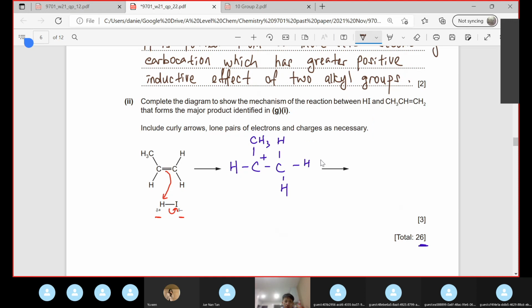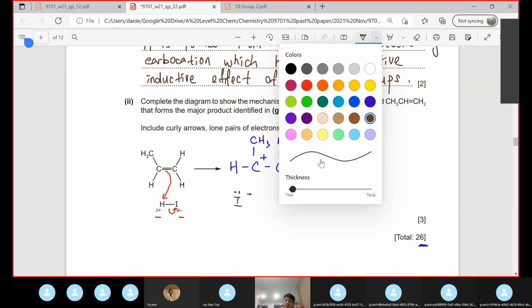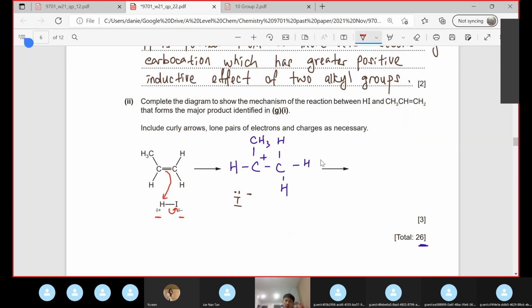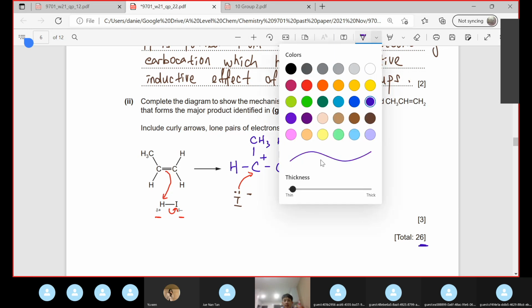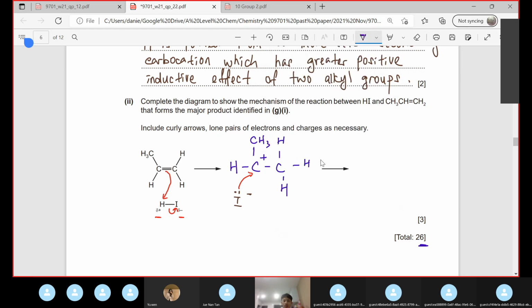Then only you show the I with the lone pair and the negative charge, then attack the carbon, attacking the carbon of the carbocation. Then at the end, you just show the complete structure.